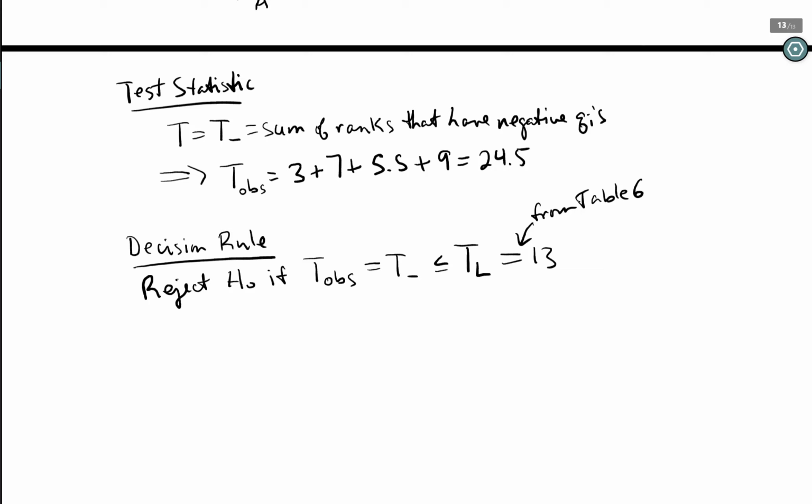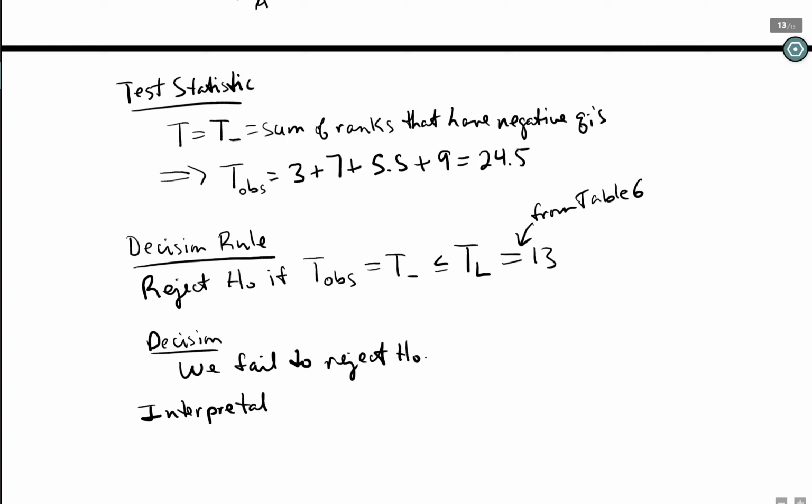Looking at our decision here, clearly our observed test statistic is not less than 13. So we fail to reject H0. And what does that mean in the context of this problem? How do we interpret this result?